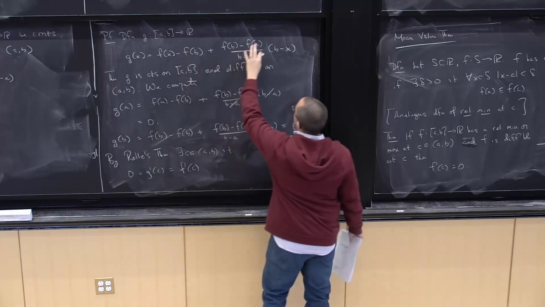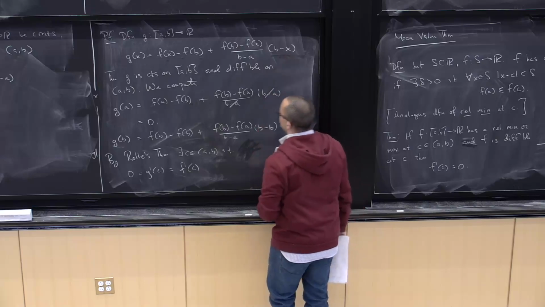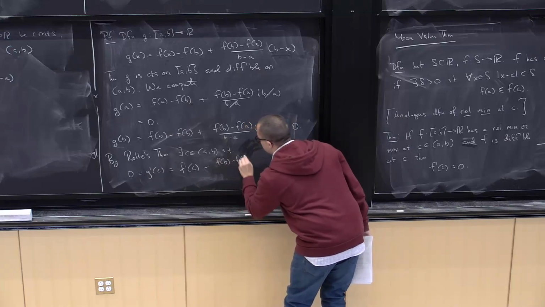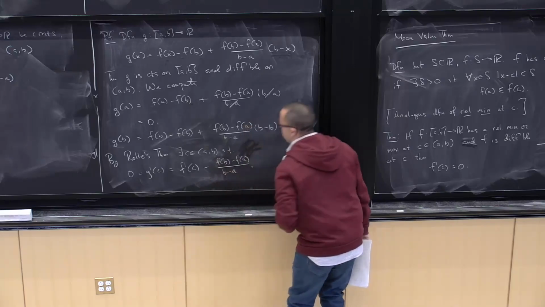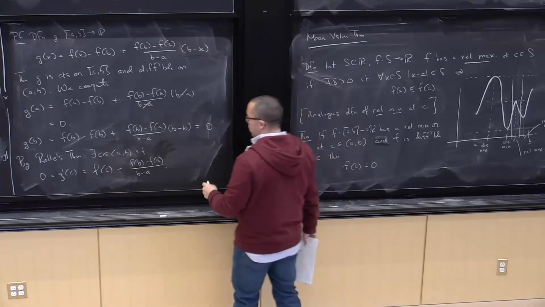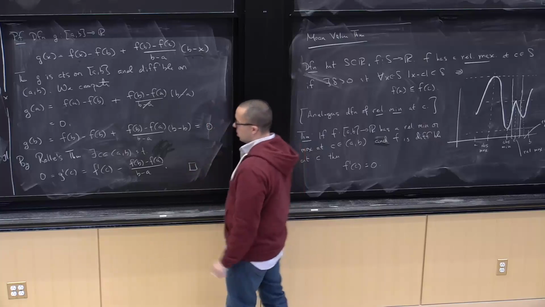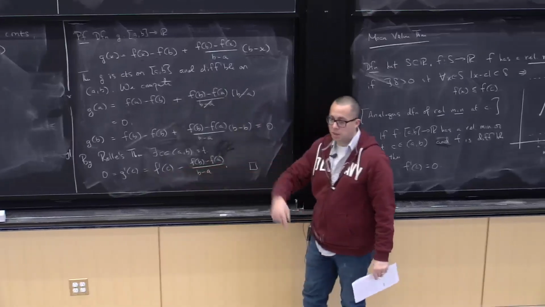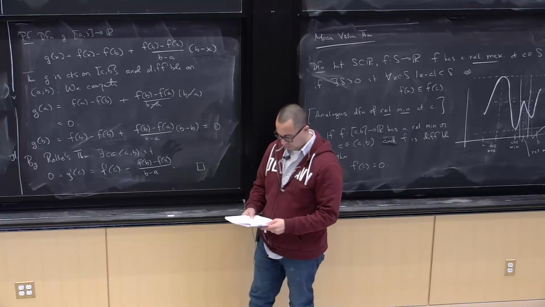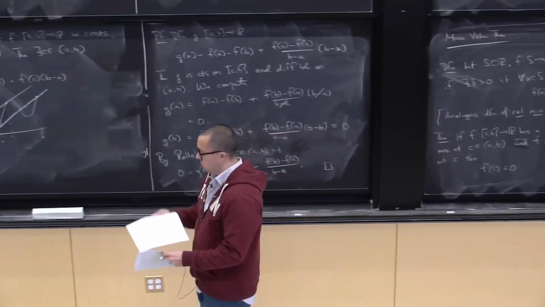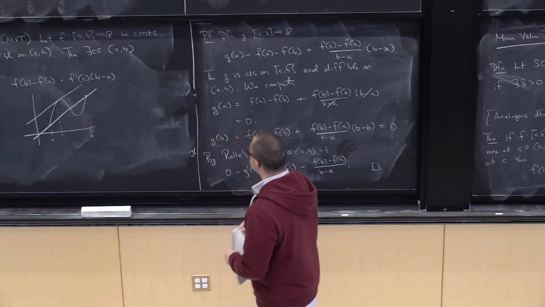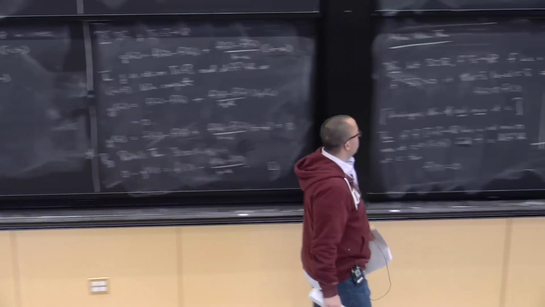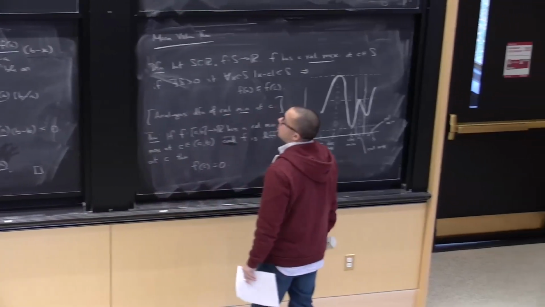Derivative of that is 0. This times this, the derivative of x evaluated at c, just gives me minus f of b minus f of a over b minus a. And that's it. 0 is equal to f prime of c minus what we want. We move that to the other side, multiply through by b minus a, and we're done. Okay?